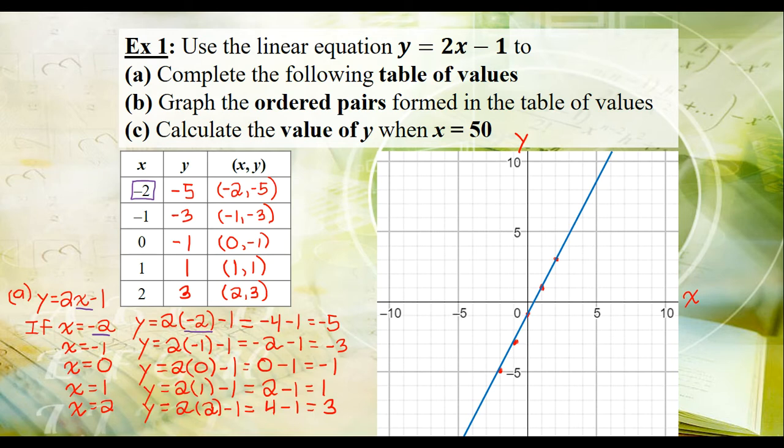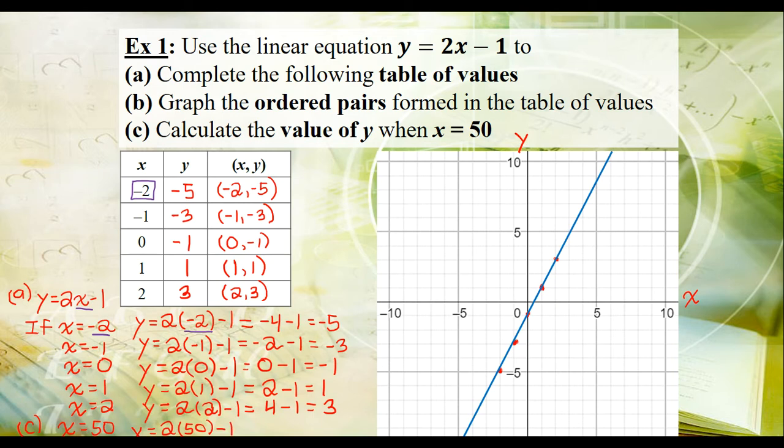So for part C, we're just going to write down x is equal to 50. And then we're going to go y is equal to 2, replace x with 50, and then minus 1.